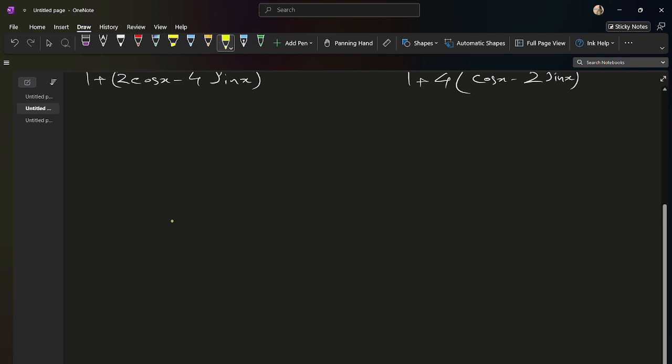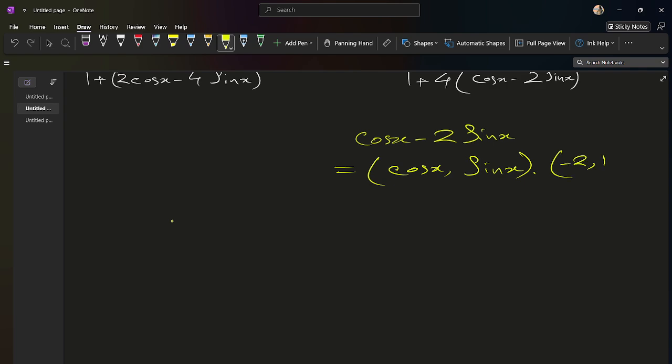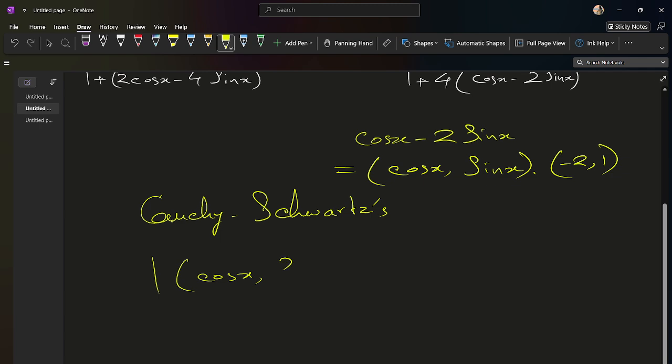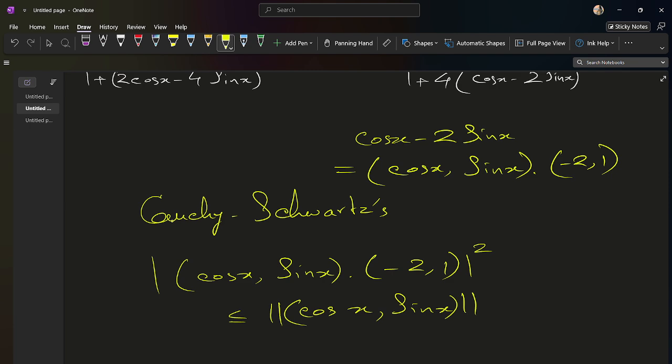I want to do one thing: we can write cos x minus 2 sin x as the dot product of (cos x, sin x) with (1, minus 2). Now, by the Cauchy-Schwarz inequality, we can write that the dot product of (cos x, sin x) with (1, minus 2), squared, is less than or equal to the norm of the first squared into the norm of the second squared.